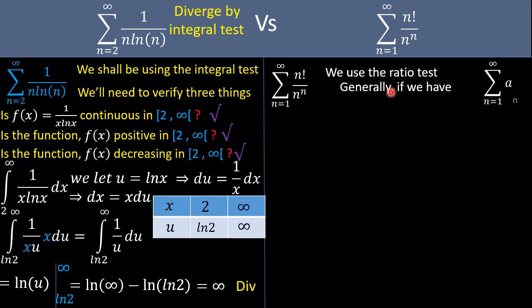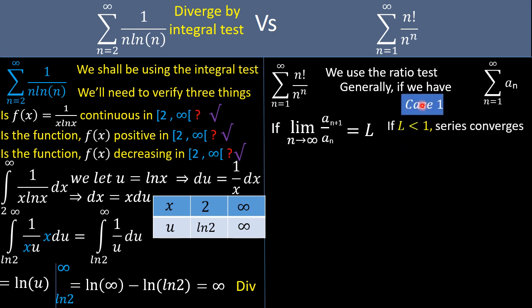Generally, if we have the series as n goes from 1 to infinity of a_n, to use the ratio test, we show that the limit as n goes to infinity of a_(n+1) over a_n gives us a limit L. Once we have the limit L, case number 1: if L is less than 1, the series converges.